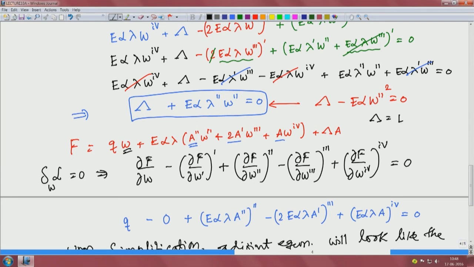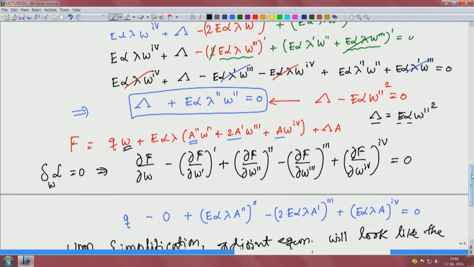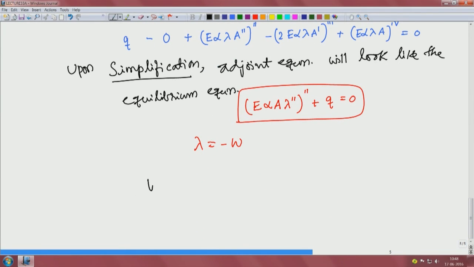So, we get this. Now, what we get here again is that lambda is equal to E alpha W double prime square. What does it mean? Lambda and E alpha are constant, so W double prime should be constant. That means that it is not a function of x. So, W double prime, as we know, is strain, it is a function, but here it is a constant, and hence multiplied by E, you will get stress that is constant.